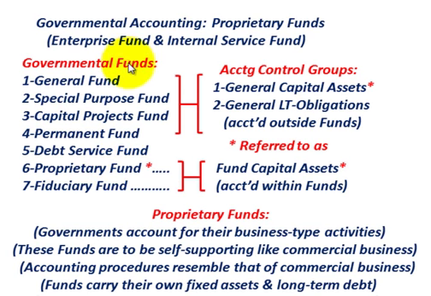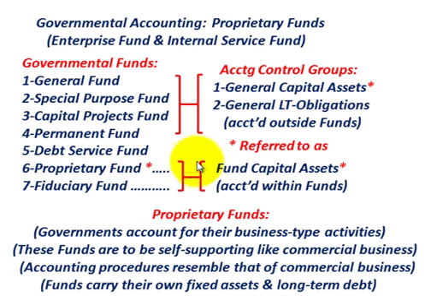Now, along with your governmental funds, you're going to have your accounting control groups, where you're going to account for your general capital assets and any general long-term obligations or debt. When you're talking about your typical governmental funds, like the general fund, specific purpose, capital projects, this is where you account for these capital assets and long-term obligations outside the funds themselves.